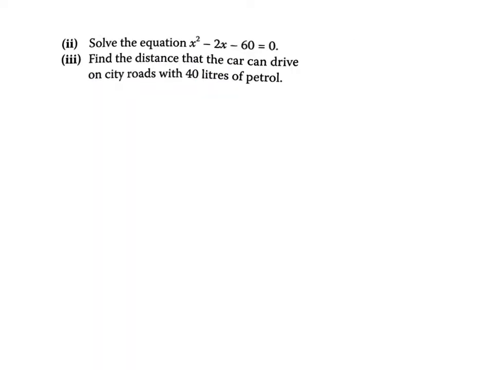Solve the equation x squared minus 2x minus 60 equals 0. Now, what can we use to solve the equation? We can solve by using the quadratic formula. So what is the value for my a, b, and c?